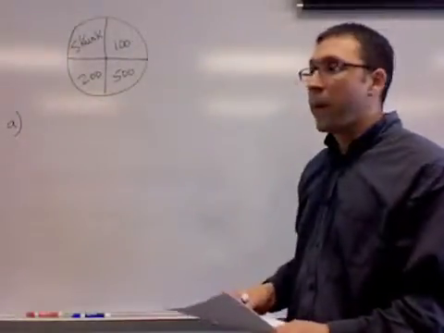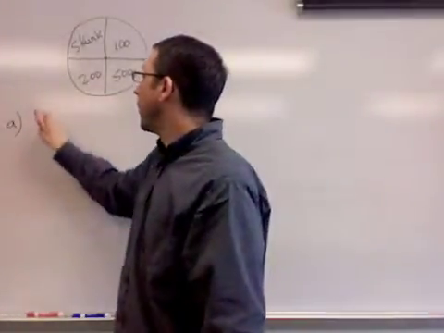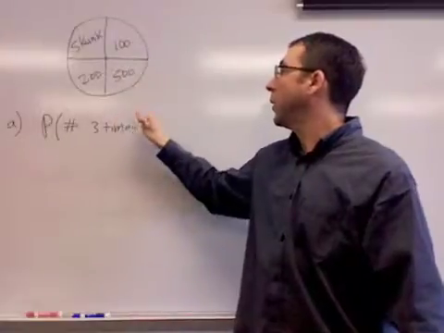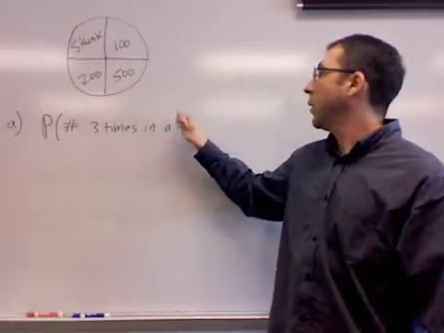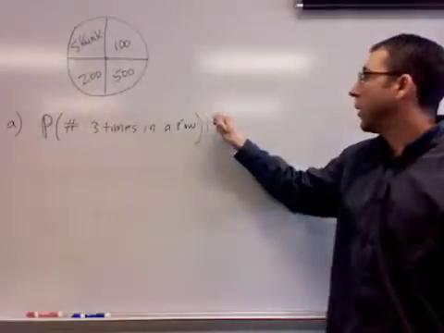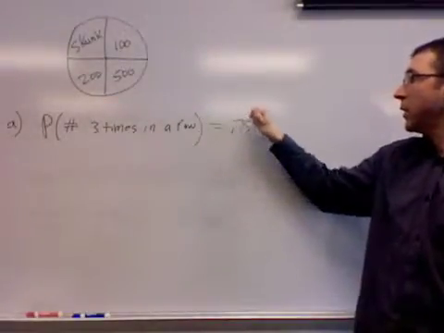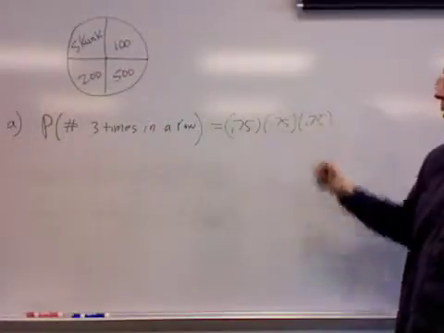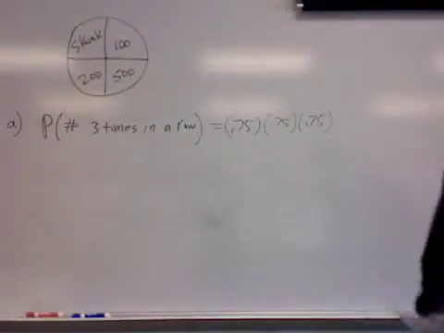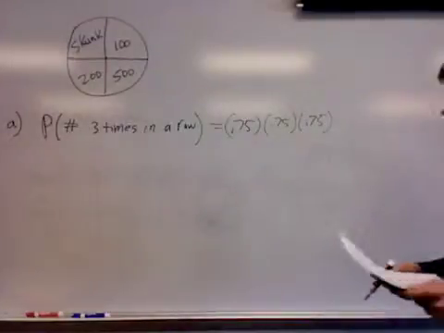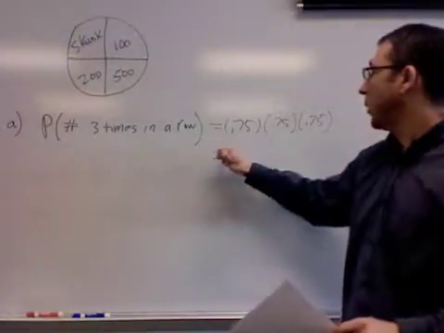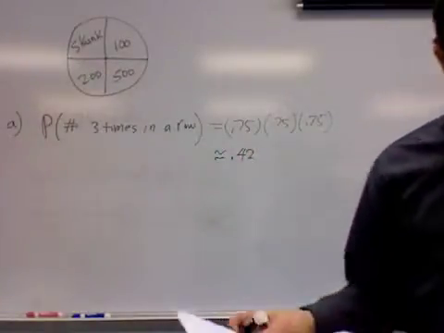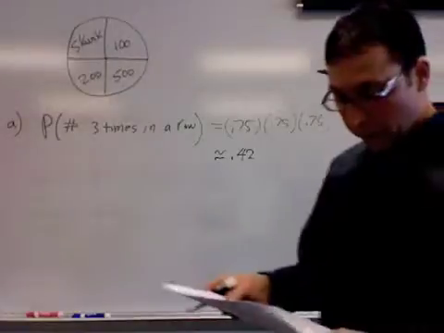Each spin is independent, so the probability of getting a number 3 times in a row would be 3/4 times 3/4 times 3/4, which would end up being a grand total of about 0.42, or about 42% of the time.